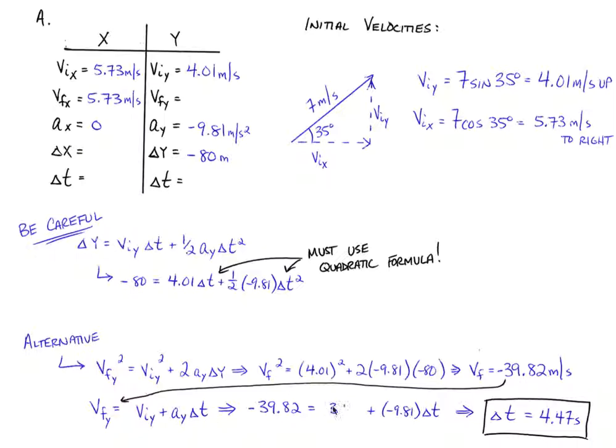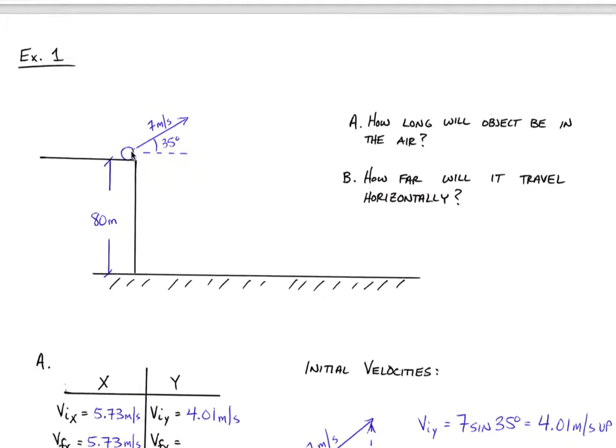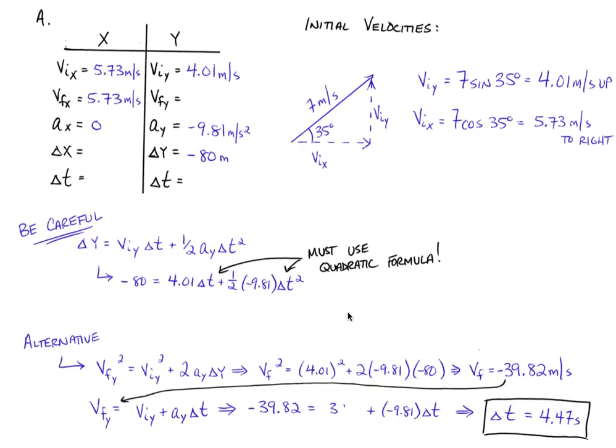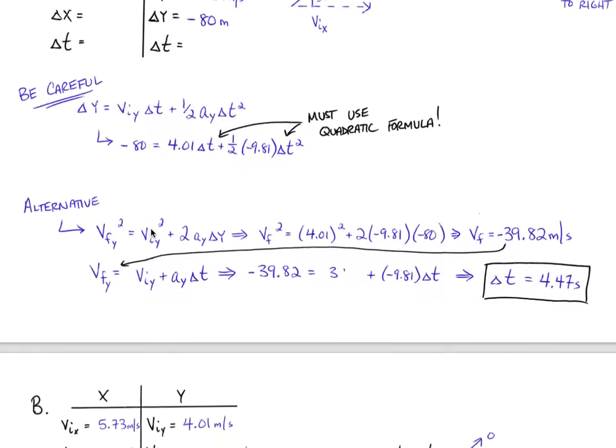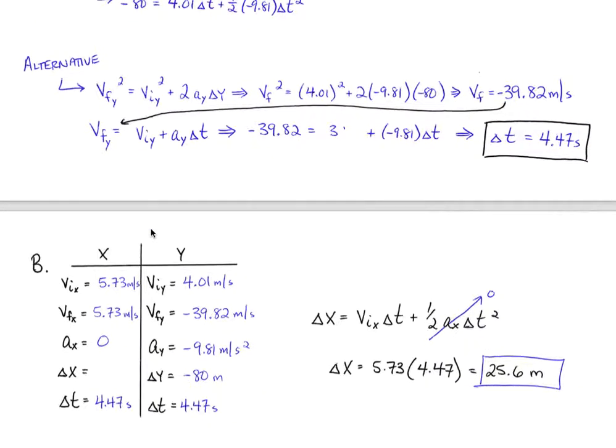If I plug in 5.73 here, and then I solve that out, I will find that the time this projectile is in the air, from the time it is launched from this point to traveling up to its peak and then falling back down, will be a total time of 4.47 seconds, which I can then write on both the x and the y sides. That's exactly what I've done here.